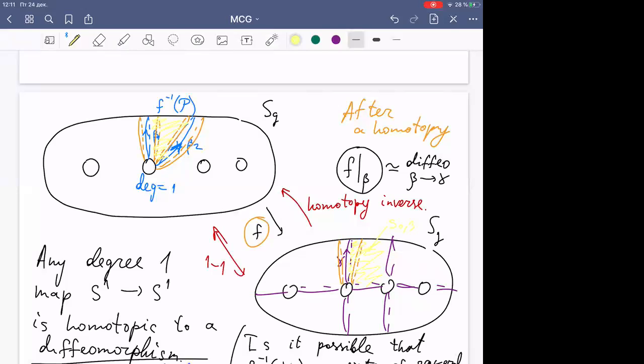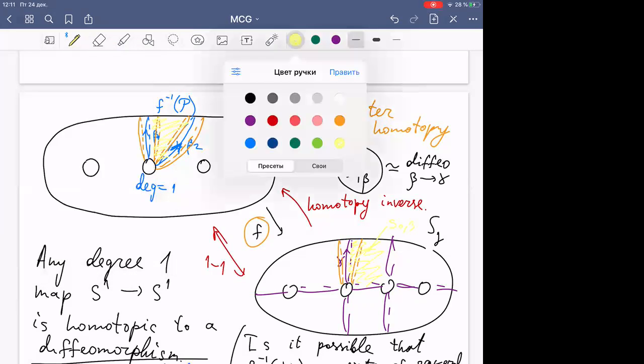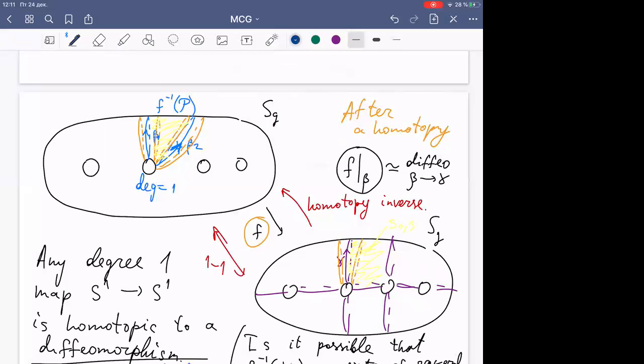And again, this map F restricted to this cylinder. Let this cylinder be C. F restricted to this cylinder C again provides the required homotopy, after which we get rid of this.